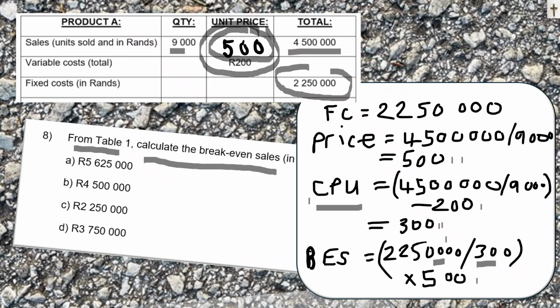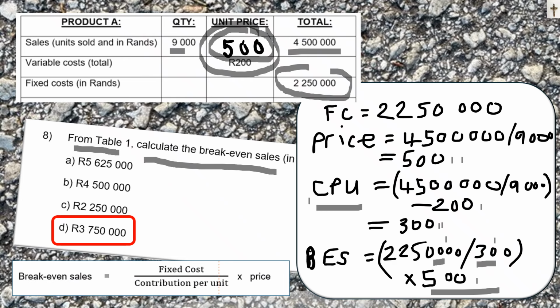The fixed cost divided by the contribution per unit was actually in the previous example, I think it was 7,500. So you could have taken the answer from number 7 and then simply multiply by the selling price per unit of 500 in order to get the sales figure of the break-even.